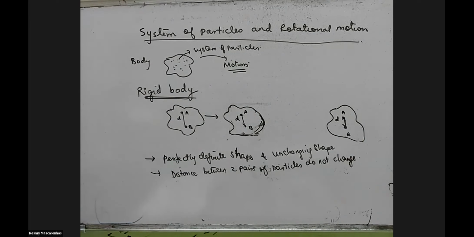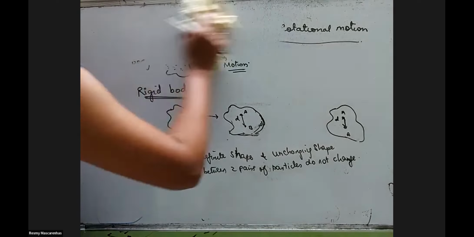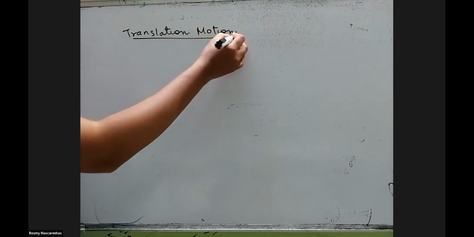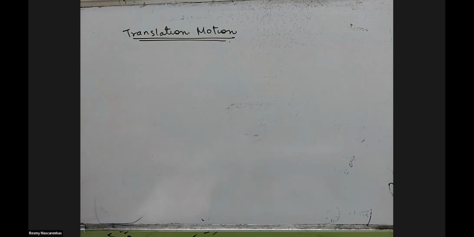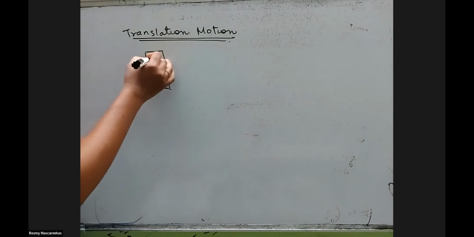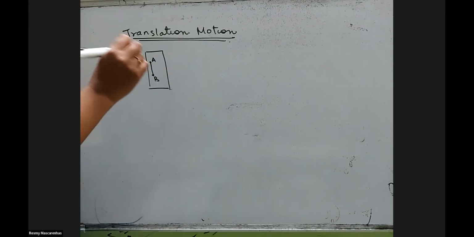Next we see what is a translation motion. Same thing, if there's an object which is, suppose, moving, there's point A and there's point B. Now suppose it has gone here.